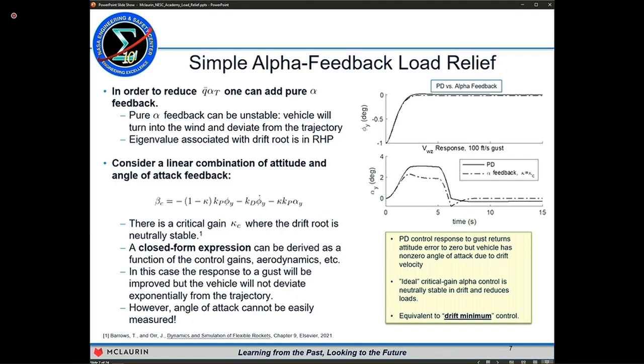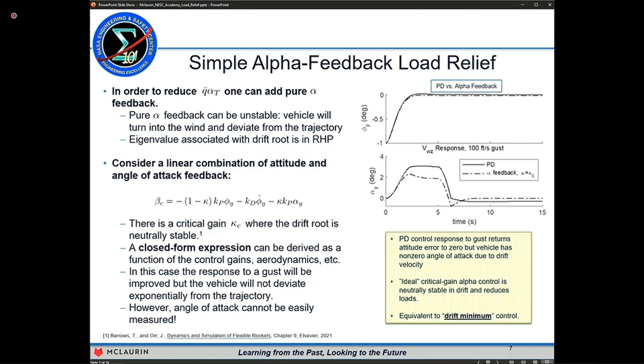and it will deviate from the trajectory. Now, this isn't necessarily a bad thing. It depends on what the vehicle is doing at that time and for how long. The way that we write the dynamics as perturbations with respect to an equilibrium trajectory, if you introduce alpha feedback, the vehicle will deviate exponentially from that equilibrium trajectory, which from a linear standpoint is a pole in the right half plane, and it looks like an unstable vehicle.